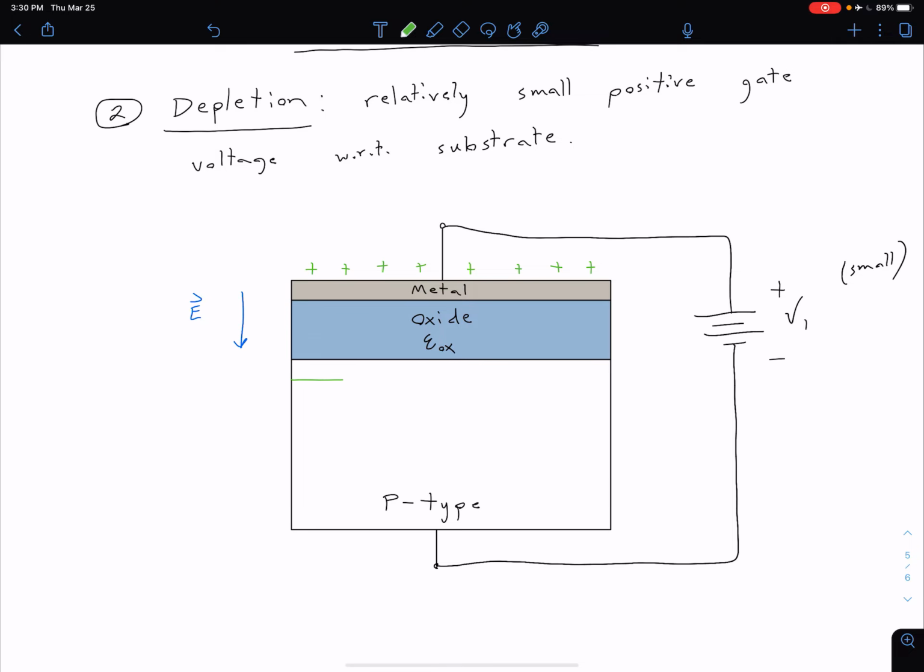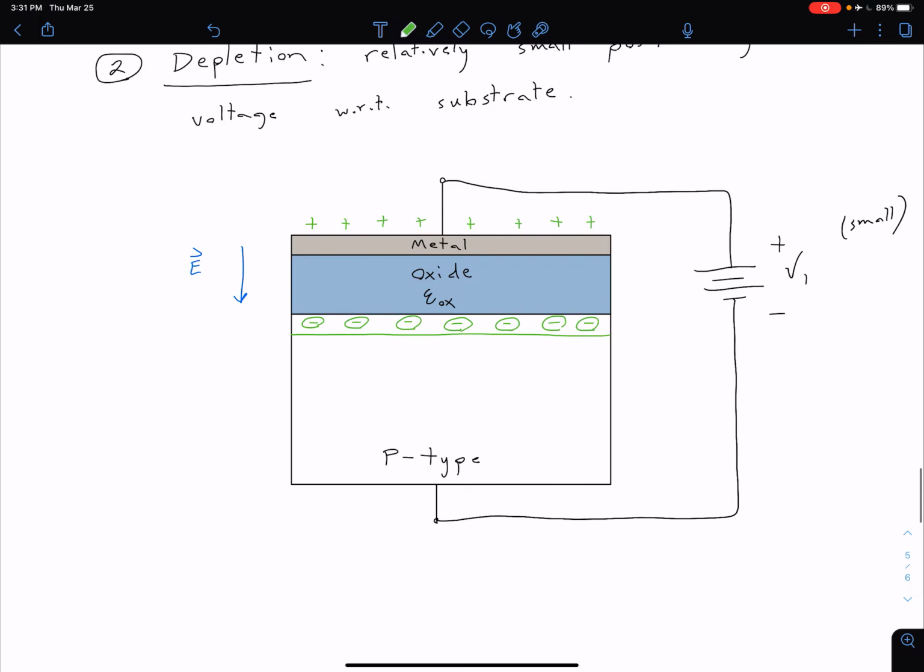Remember, our acceptor impurities are going to be negatively charged, and these are going to be fixed in our lattice. Unlike free electrons or free holes, these cannot move about our silicon lattice.